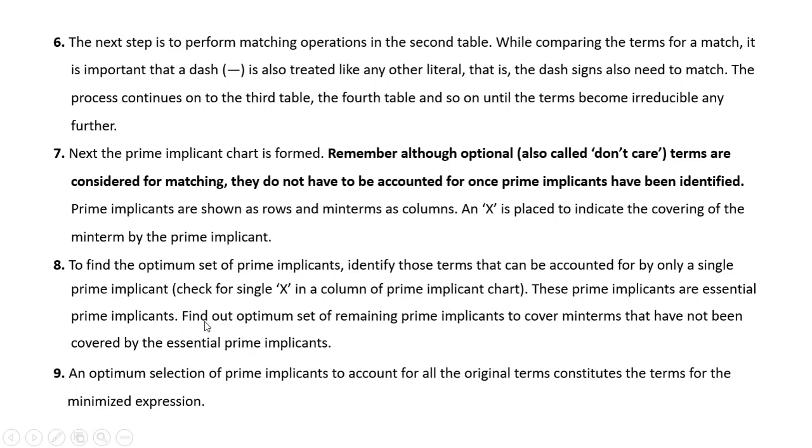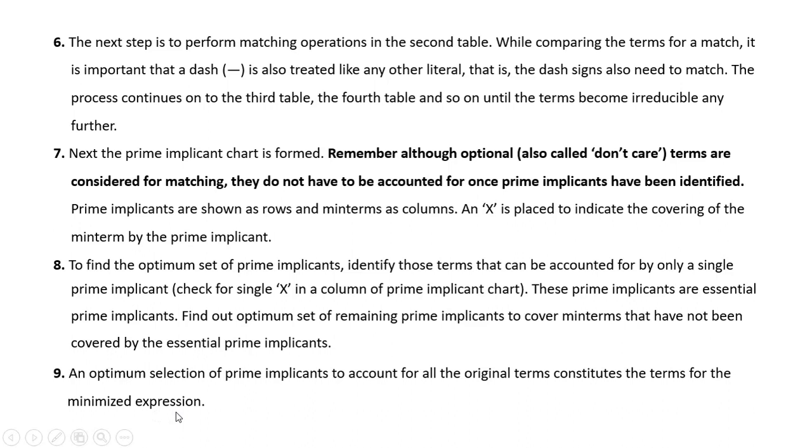After that we have to find out the optimum set of remaining prime implicants to cover the minterms that have not been covered by the essential prime implicants. For those left out minterms, we find the optimum set of remaining prime implicants. Finally, an optimum selection of prime implicants to account for all the original terms constitutes the terms of the minimized expression.